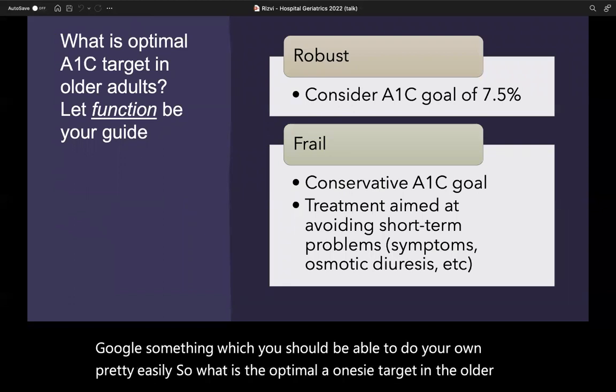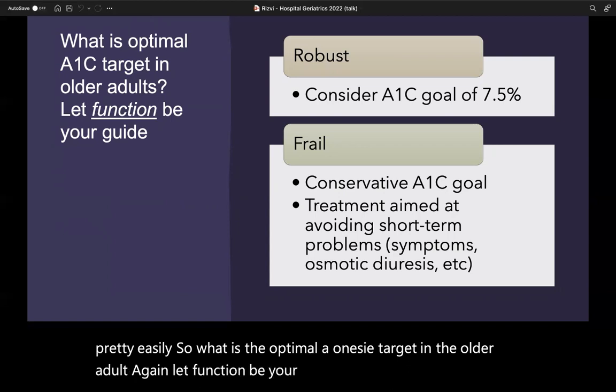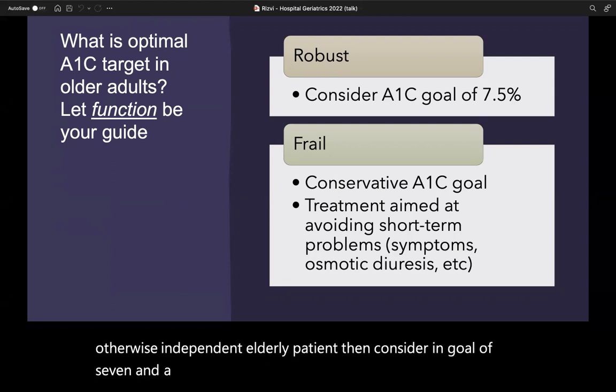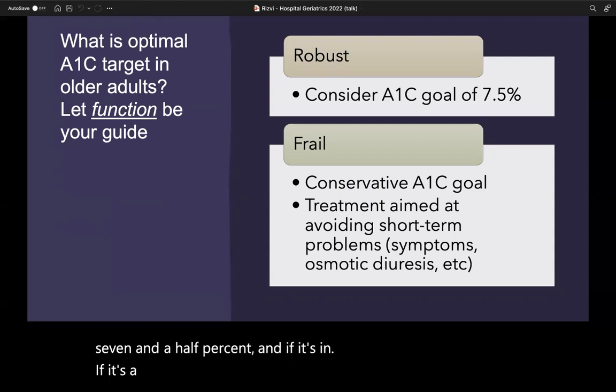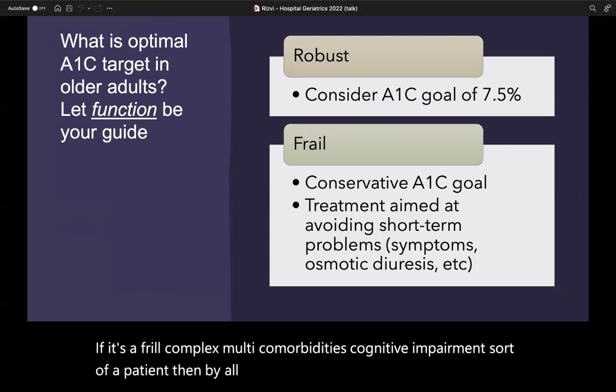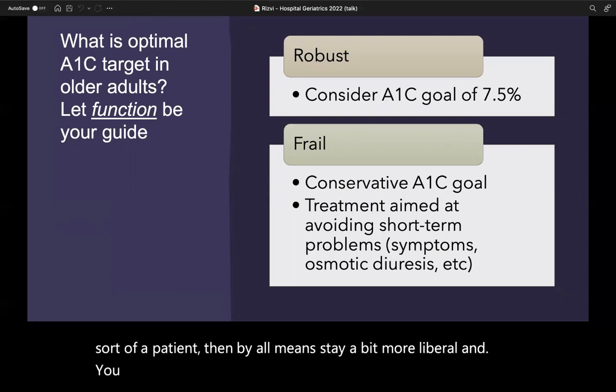Again, let function be your guide. If it's a robust, active, healthy, otherwise independent elderly patient, then consider an A1C goal of 7.5%. And if it's a frail, very complex patient with multiple comorbidities and cognitive impairment, then by all means stay a bit more liberal with a less tight A1C goal.